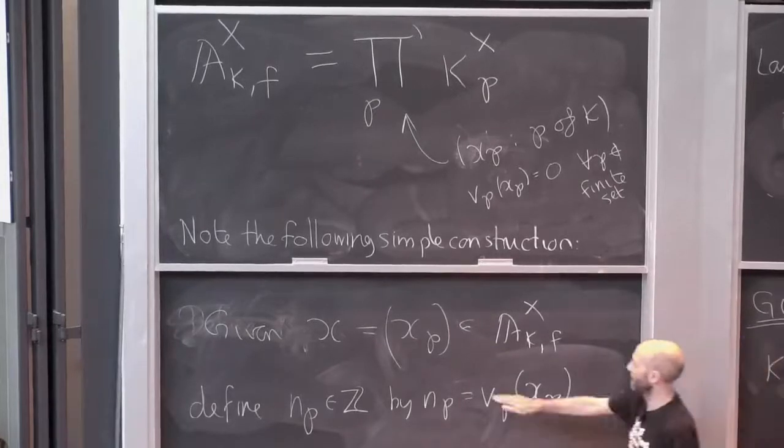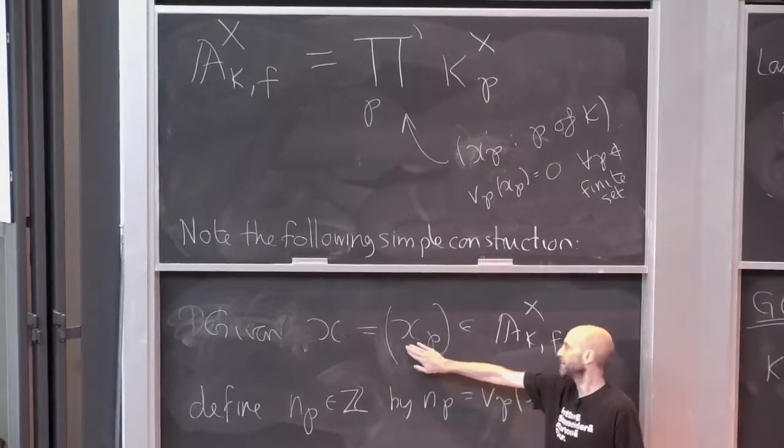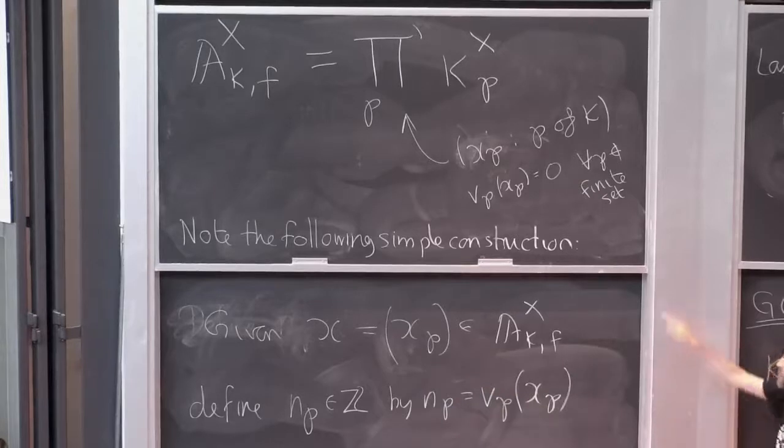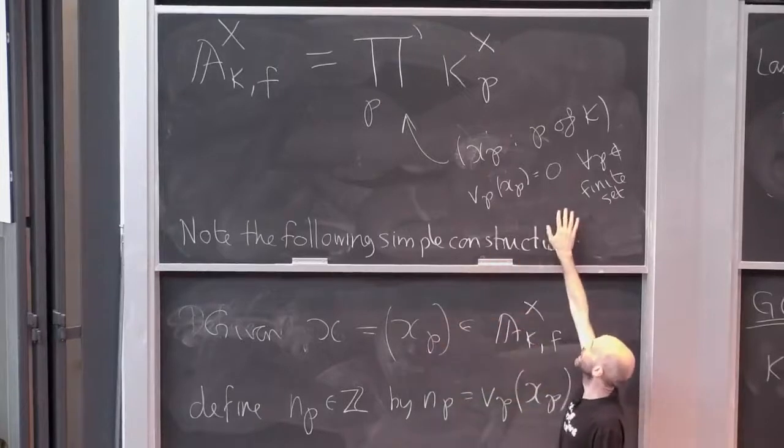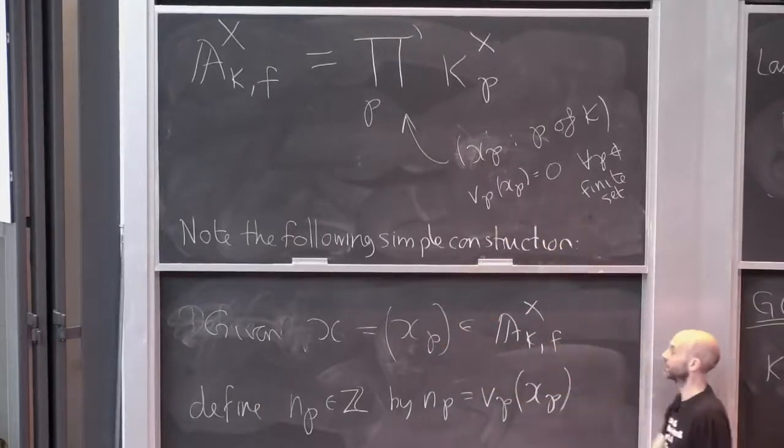So these are completely unrelated p-adic numbers as p varies. That's what this strange object is, a whole bunch of completely unrelated p-adic numbers, and all we know is that all but finitely many of them are units.